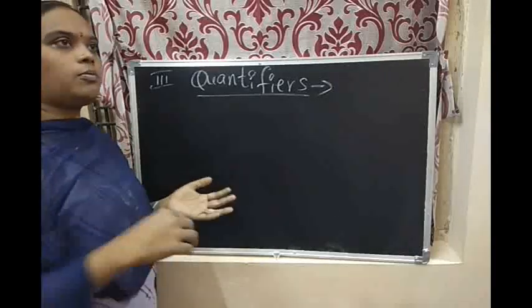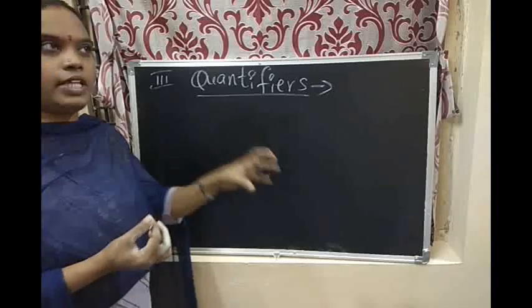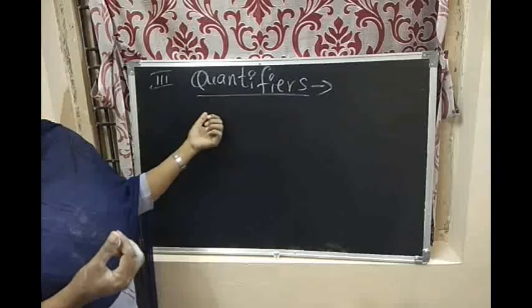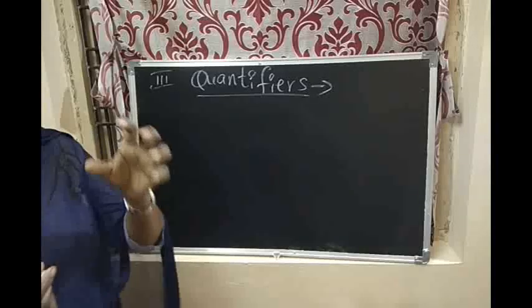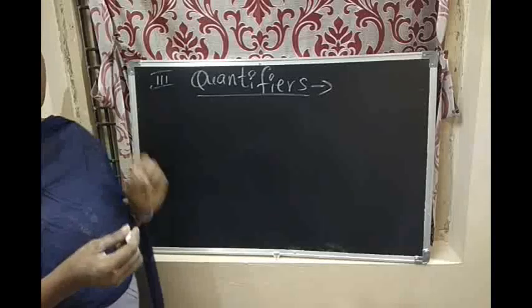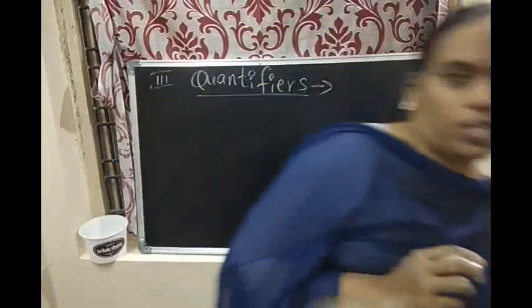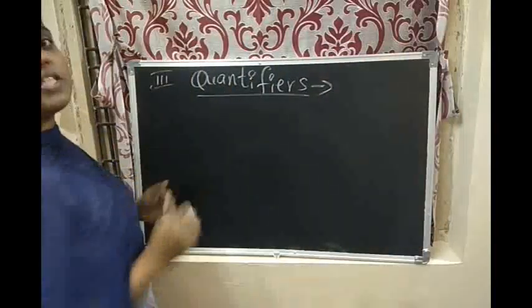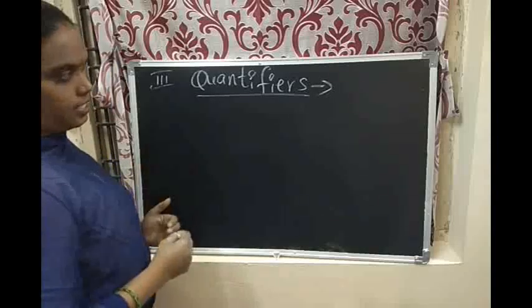Some are countable, some uncountable; some take quantity. Quantifiers express the quantity of things. They do not specify any number, but they quantify things.